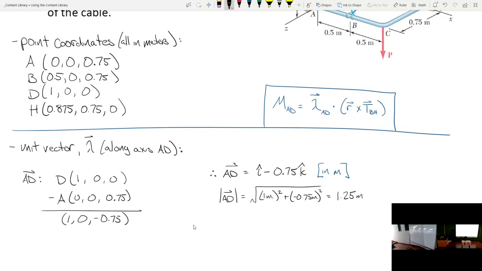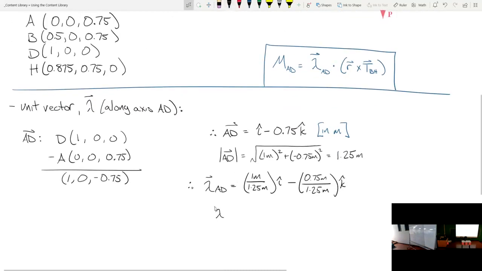All right. So therefore, lambda AD is 1 meter over 1.25 meters times I plus, we can go ahead and say minus at this point, I think that'll be simpler, minus 0.75 meters over 1.25 meters times K. And so therefore, lambda AD is 1 over 1.25, I believe that's 0.8, right?